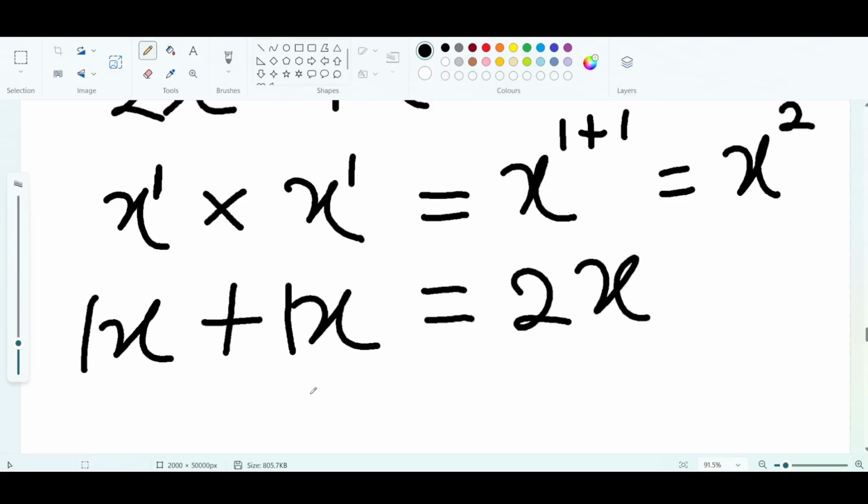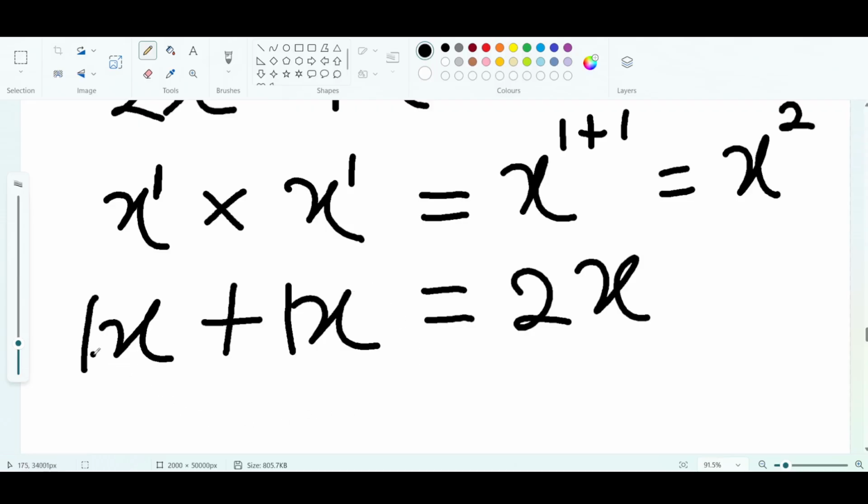So when they are multiplying, it is the powers that we add together. But when they are adding each other, it is the coefficients that we add together. In that situation, this x must have exactly the same power as this one, which means if this one is 1 as it is here, this one must also be 1.